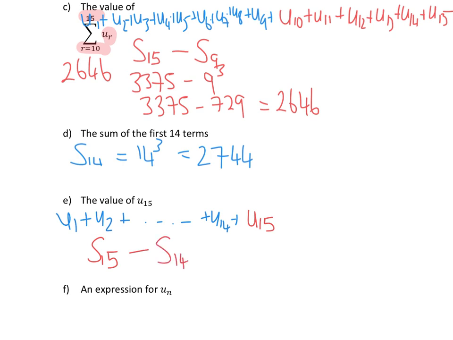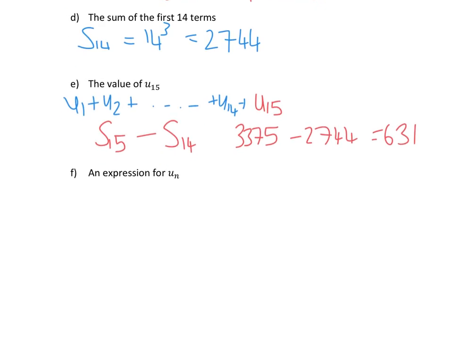Now S15 we've worked out was 3375. S14 we worked out is 2744. So I can take them away and get 631. So the 15th term is 631.